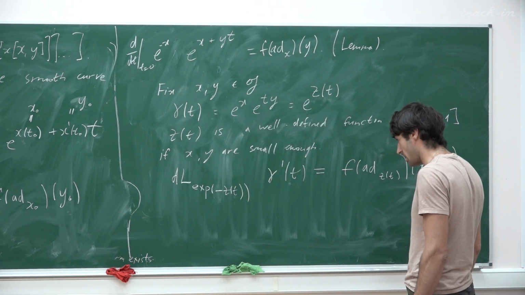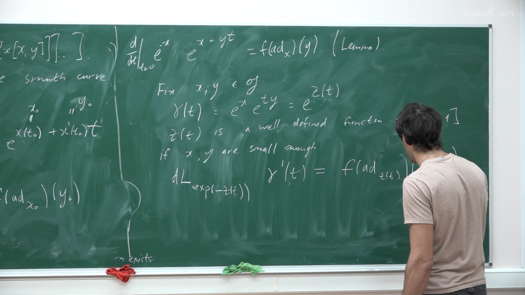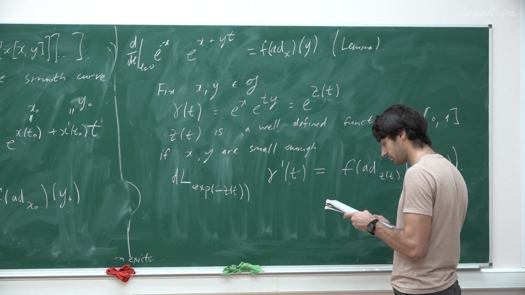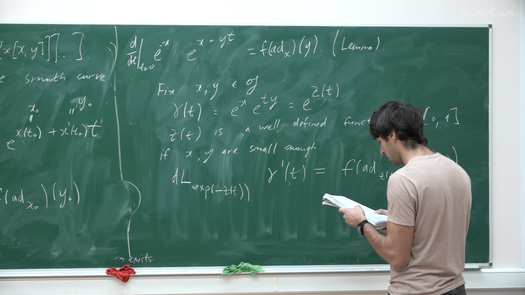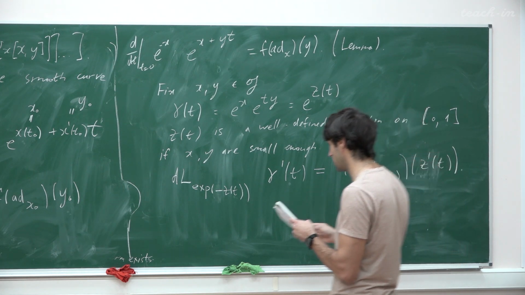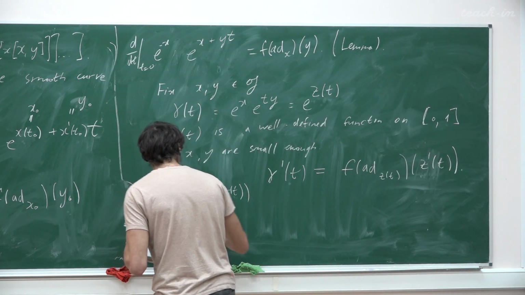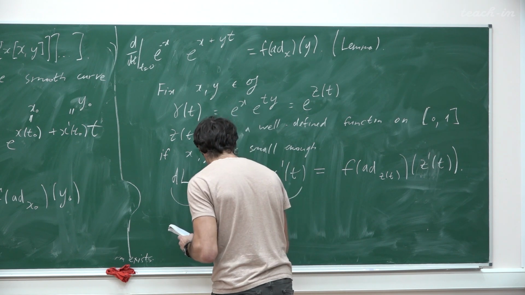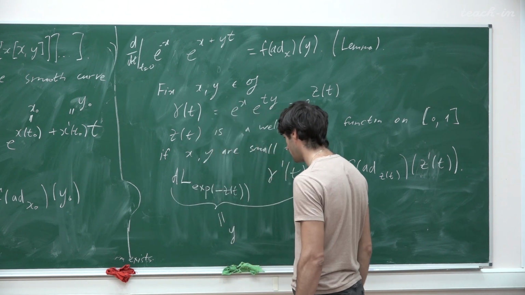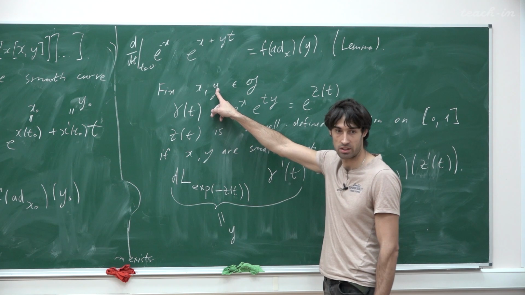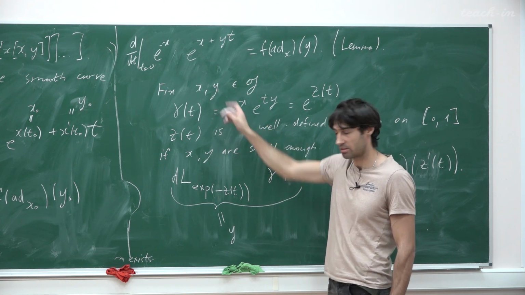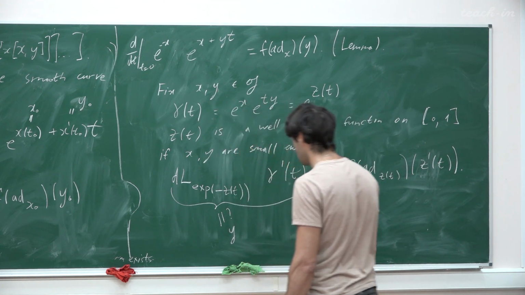All right. So what I need next is that, as a first observation, this thing is just y, our fixed y. Why is this true?